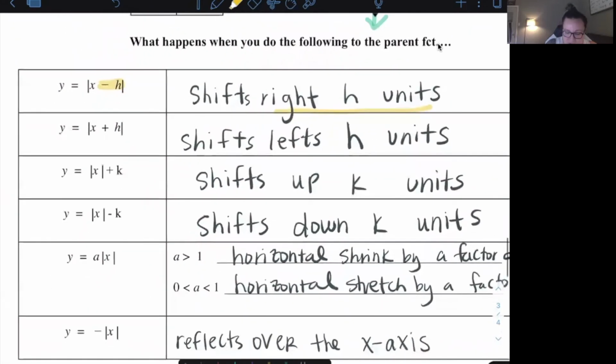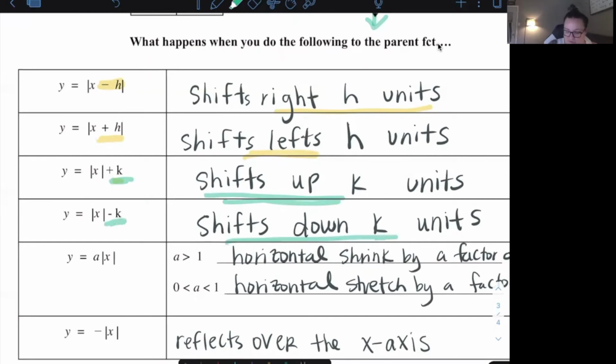What happens when you add h directly to x in the absolute value? Your graph shifts left. What happens when you add k outside of the absolute value? Your graph shifts up. What happens when you subtract k outside the absolute value?